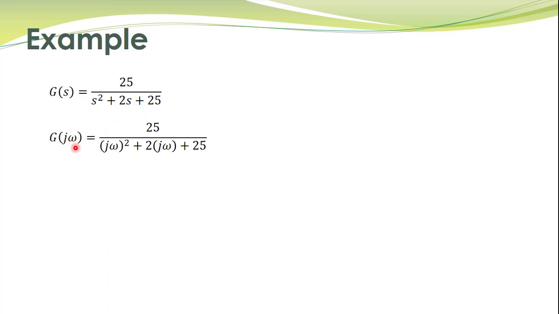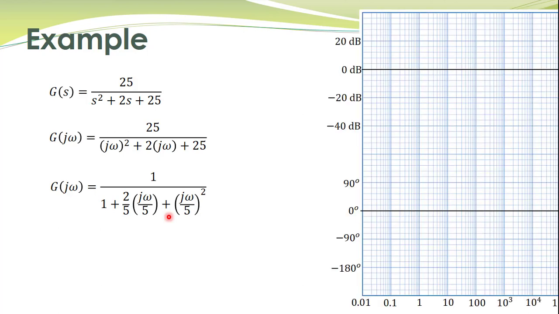This is the frequency response, which is obtained by simply replacing s with j omega, and then dividing both the numerator and denominator by 25 to get this expression. And from here we can easily sketch the asymptotic Bode diagram. The corner frequency is 5 if we compare it with the expression written on the previous slide.